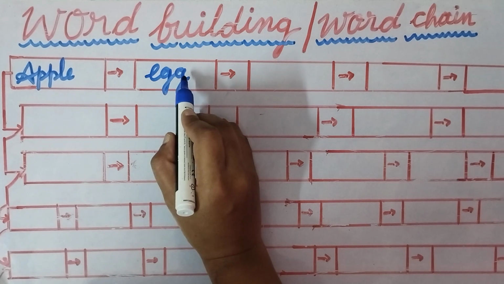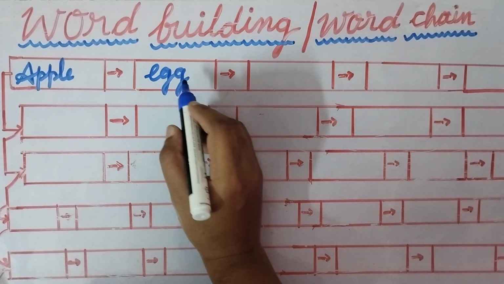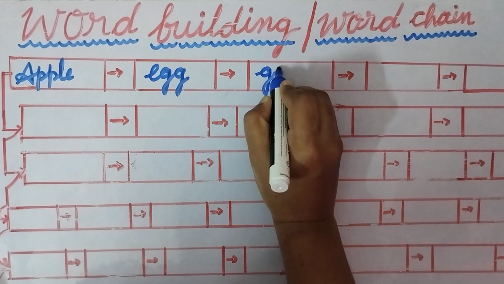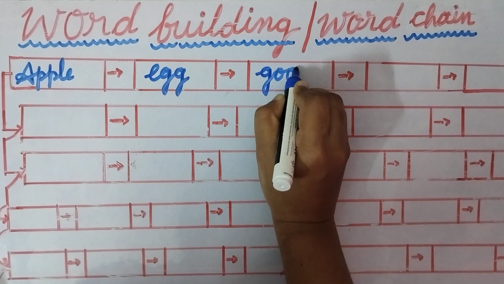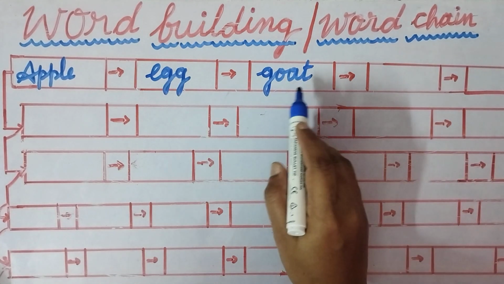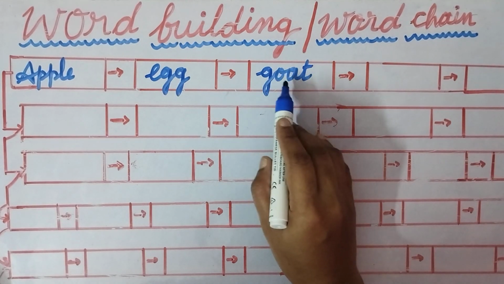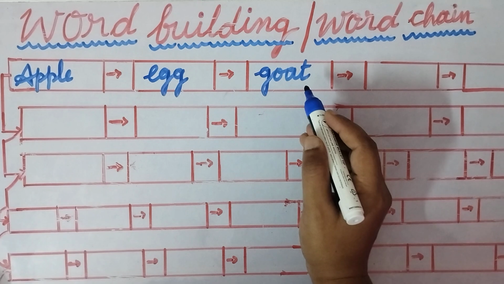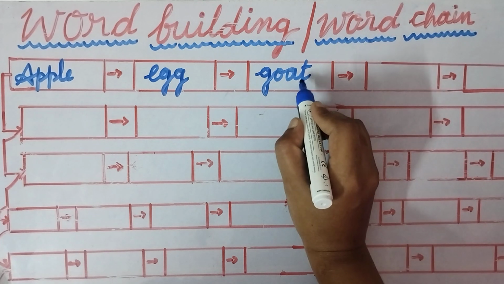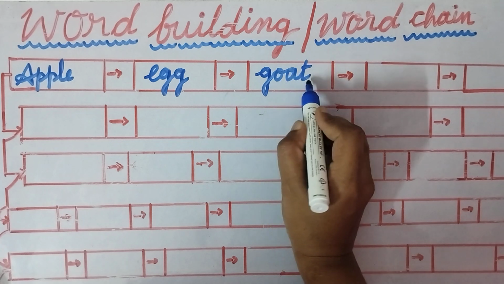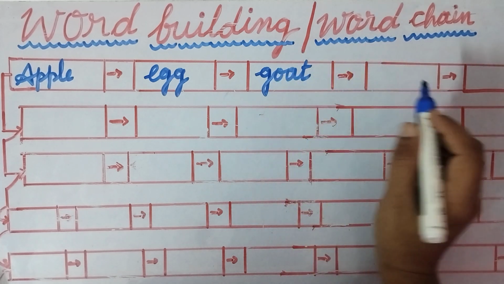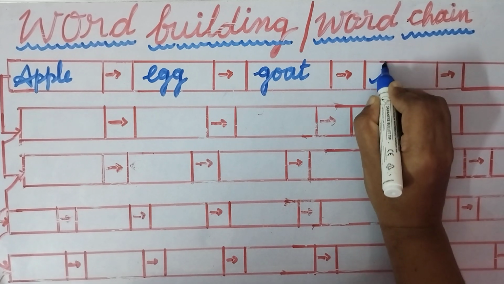The last letter is G, so we start from G. Goat, G-O-A-T, goat. The last letter of this word is T, so we write a word starting from T. T for tiger.